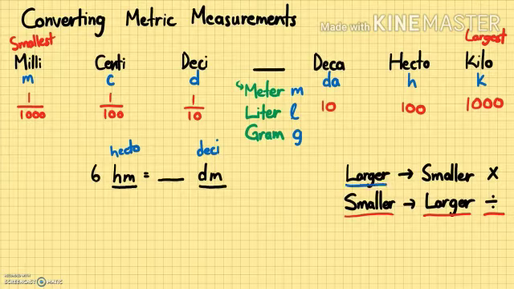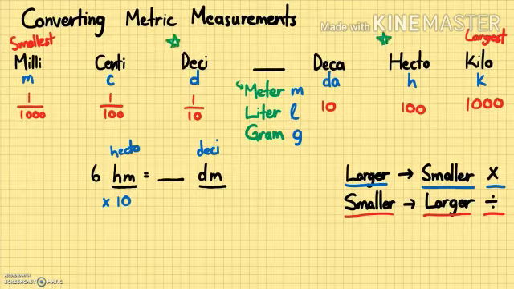This time we are multiplying by 10. And how many times are we going to multiply by 10? Let us see how far apart hecto is from deci. Hecto is right here and deci is right here. 1, 2, 3 parts. So 3 steps apart, we have to multiply by 10 three times.